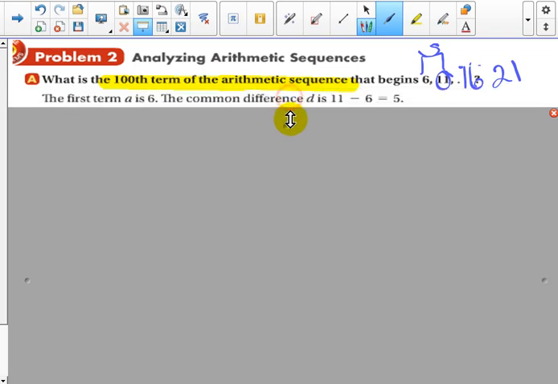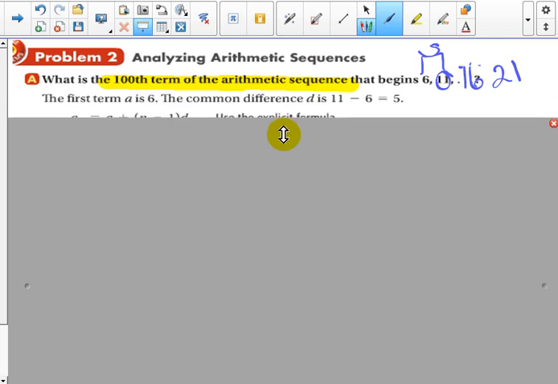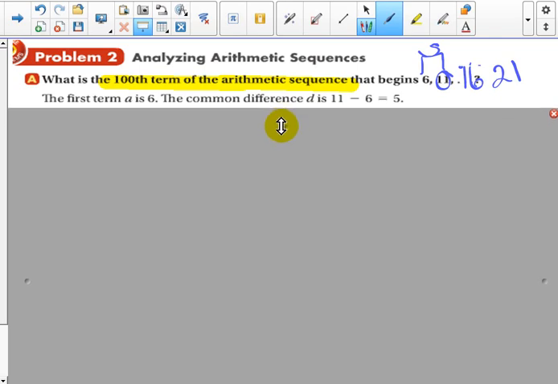So we know that the common difference between all of these is 5. And they want to know what is the 100th term. So since we've been given even just the first two, we don't have to worry about any others. As long as we have the first two and we're told it is an arithmetic sequence, we just have to get the difference and then plug it in the formula.